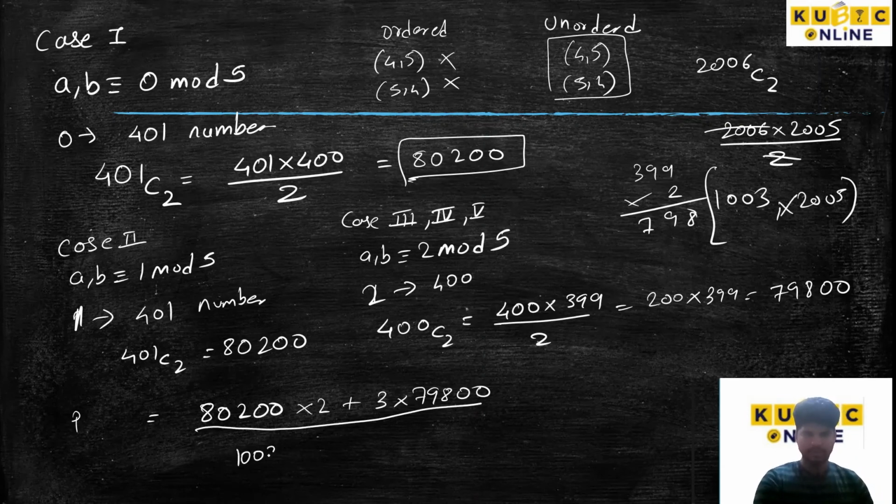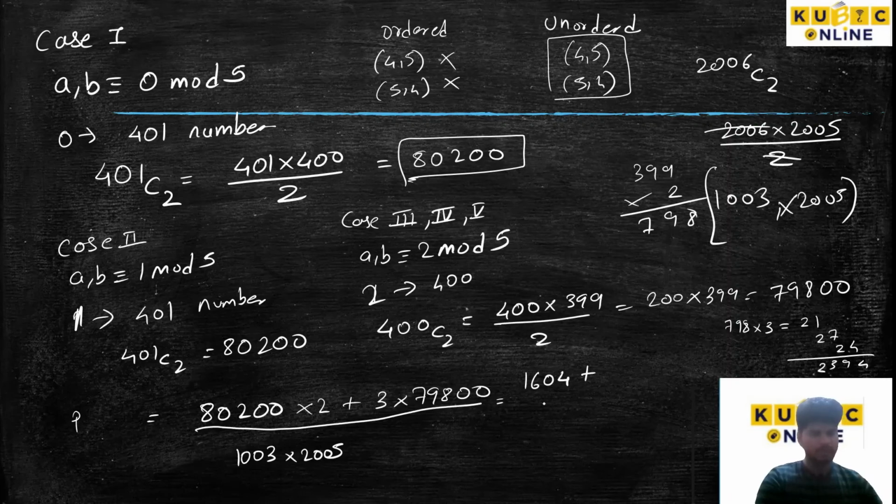So this is how much? 160400 plus 79800 into 3, that is 239400. So 399800 upon this 1003 into 2005. So whatever this big number comes, that will be your answer.